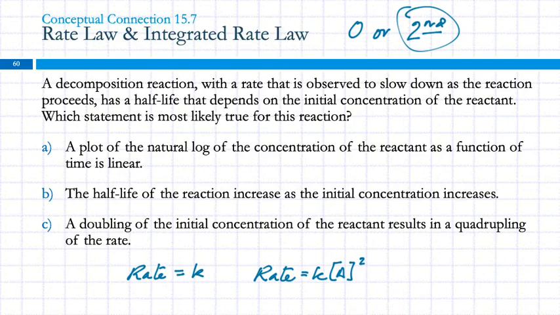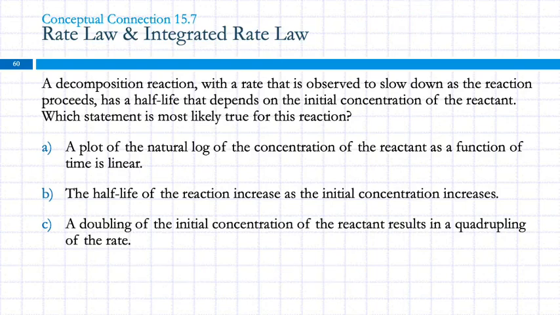C: a doubling of the initial concentration results in a quadrupling of the rate. I double the concentration, 2 squared is 4, the rate increases by a factor of 4. C. Any questions?